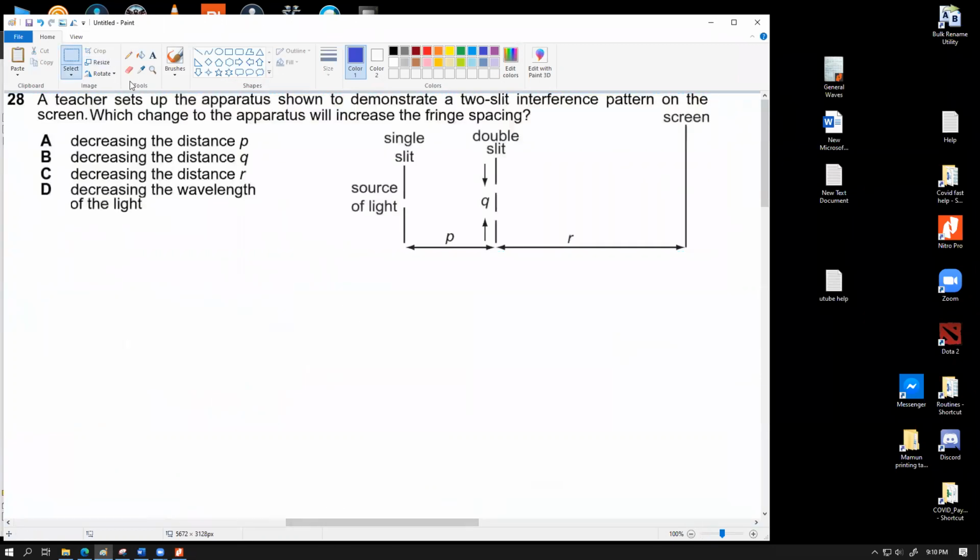So the equation that we usually work with is lambda equals x by d, or lambda d equals ax. For this question, p is practically not a variable of this equation. Try to understand.